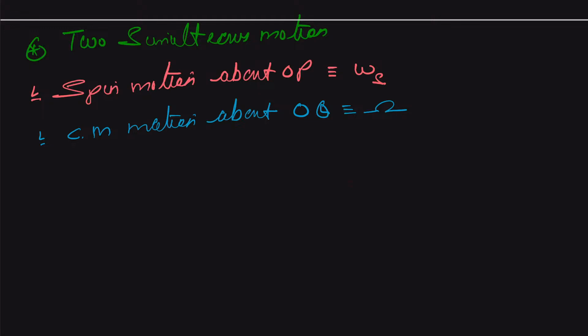This is our point O, and we have omega s, and we have our omega, so this is our angle theta, and this will be our omega.